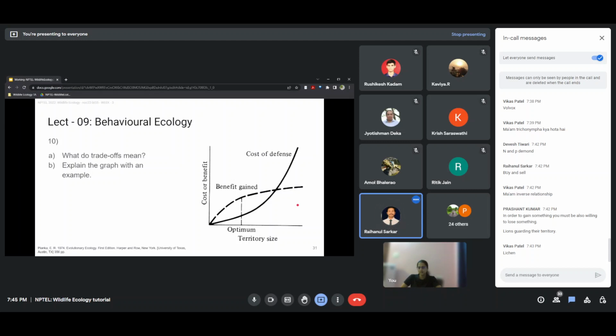Yeah, that's correct. So there is a limit to what a species can eat, right? And they need to find an optimum balance between that. But our cost of defense will obviously exponentially increase as our territory size increases. So yeah.